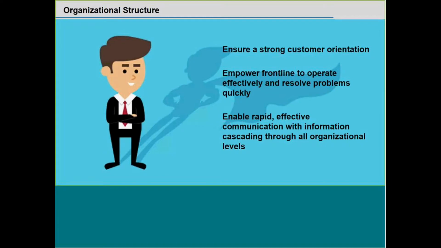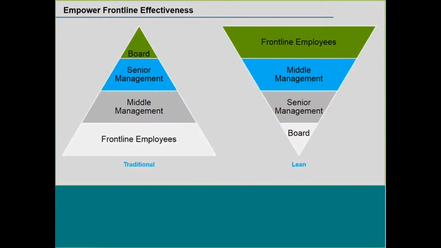When we're developing the organizational structure and communication within the organization, it's important to enable rapid and effective communication amongst all lines within the organization. The traditional method for communication was to communicate from the top down, meaning the board hosted most of the decisions, and that was then in turn communicated to senior management, all the way down through middle management to the frontline employees.